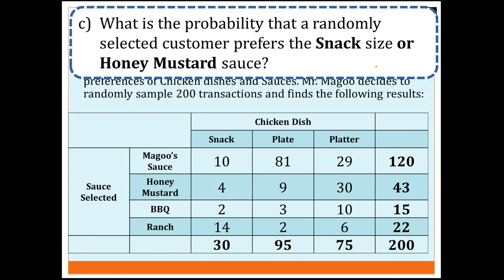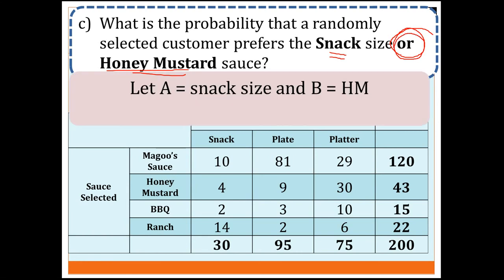Let's look at part C. What's the probability they get the snack size again or honey mustard sauce again, but this time we want A or B, one or the other. We're interested in investigating the behavior of those people who like the snack size or they like the honey mustard sauce. It doesn't have to be both.